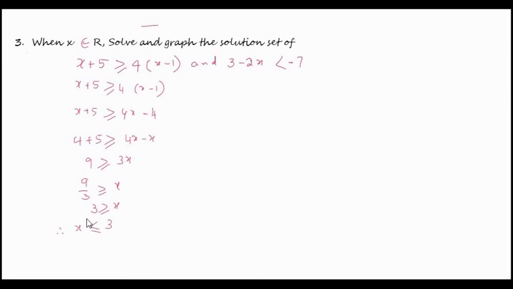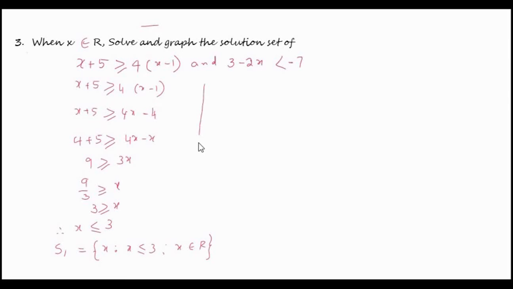So what is the solution set for this? Solution set we can write as, say, S1. S1 is {x such that x ≤ 3 and x belongs to R, real numbers}.